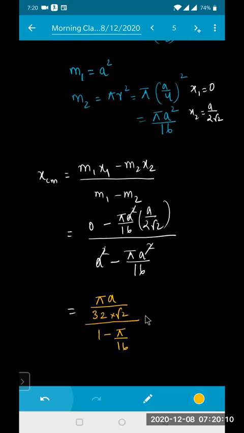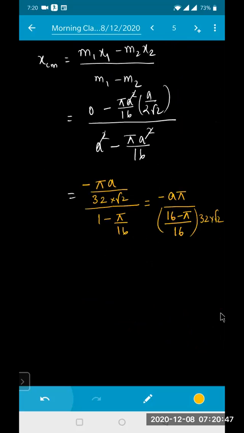So now simplify this one, see how much I'm getting. This is minus, a into pi divided by 16, and this is 16 minus pi by 16, into 32 into root 2. 32 and 16 we can cancel.